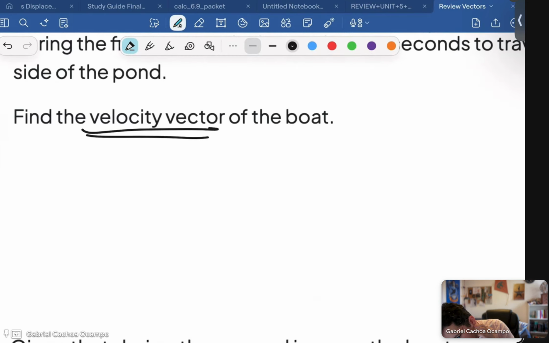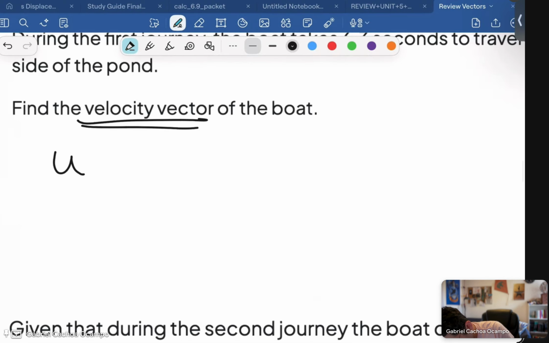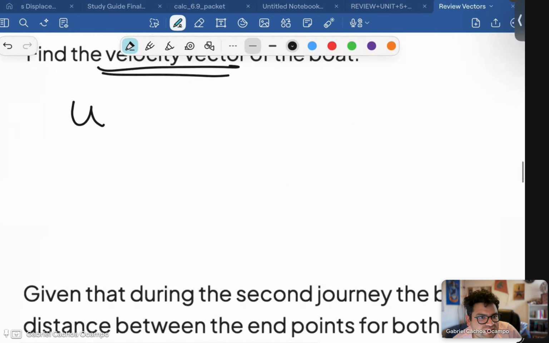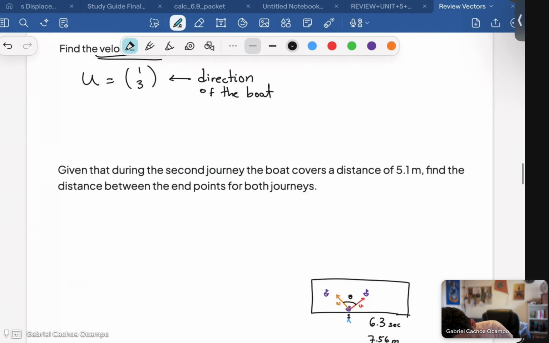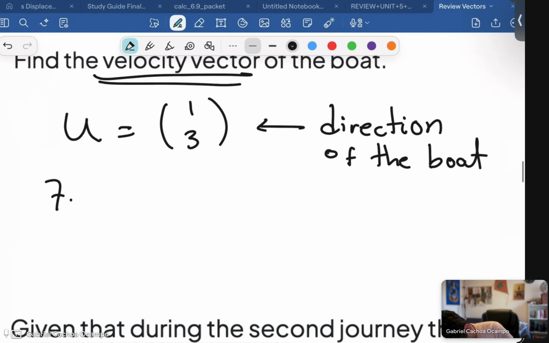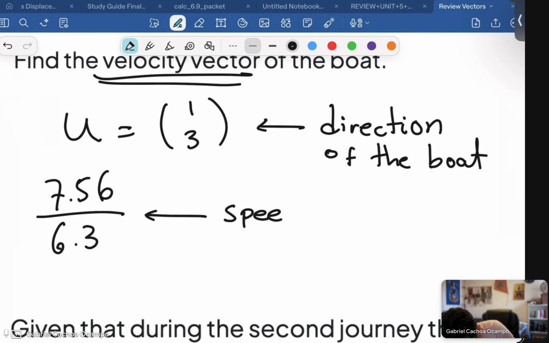I know that u is (1, 3). This is the direction of the boat. And the number 7.56 over 6.3, this is the speed of the boat.